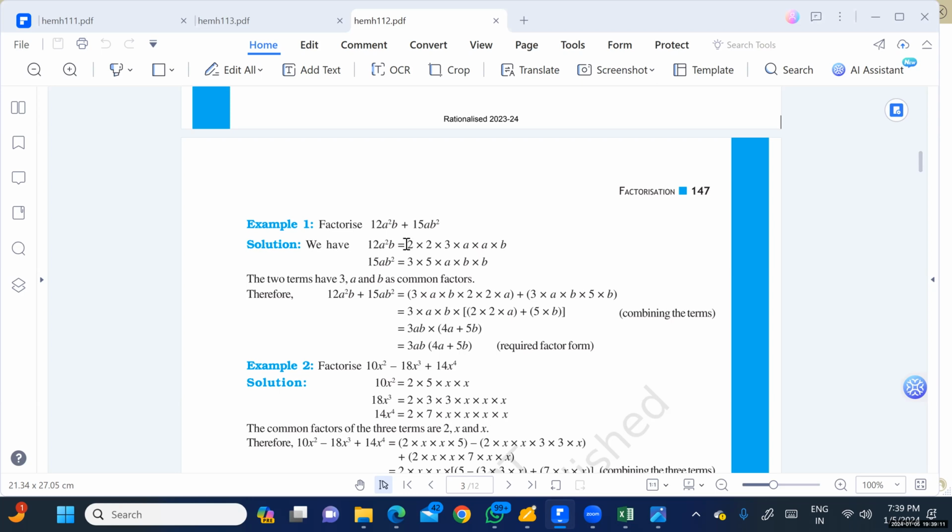Yes, sir. If we don't break it, we will not be able to find the common factors. Common factors can only be found when we break it completely, right? To the lowest number, to the lowest factor, right? Yes, sir. Okay, that's it.